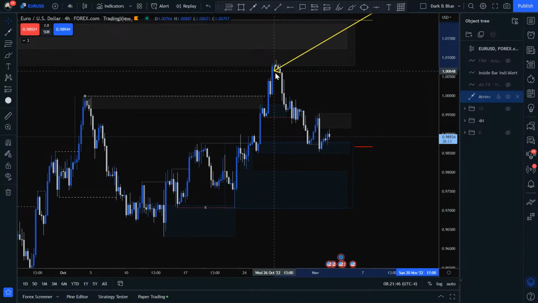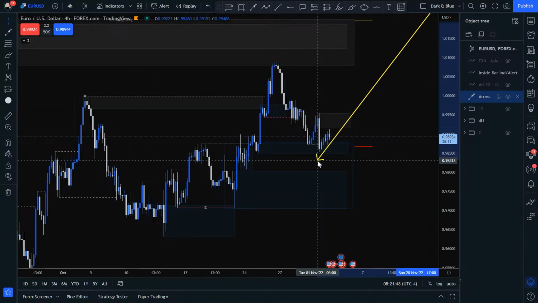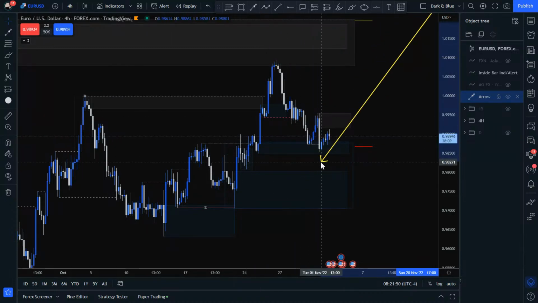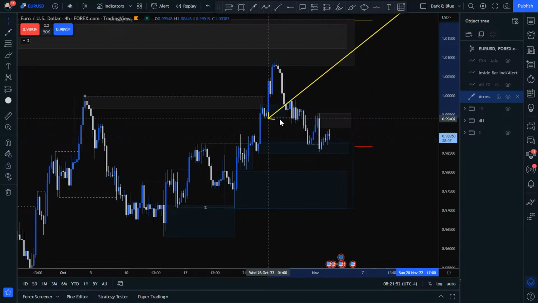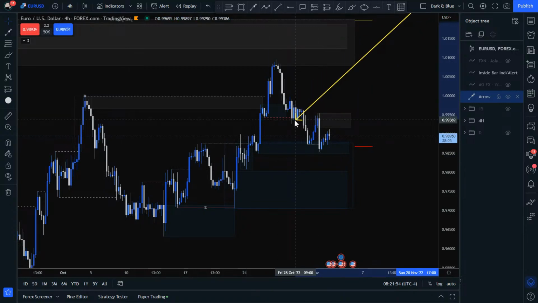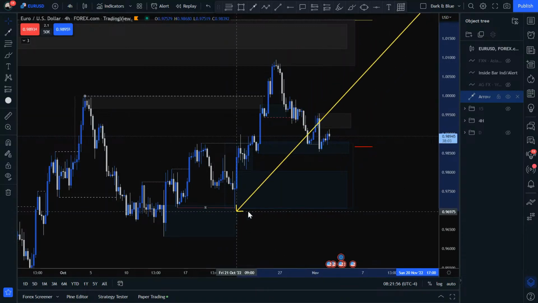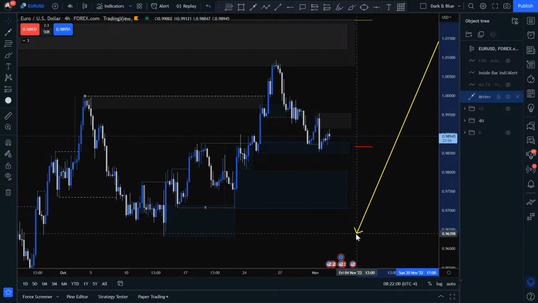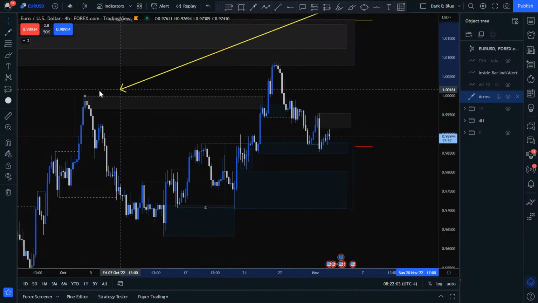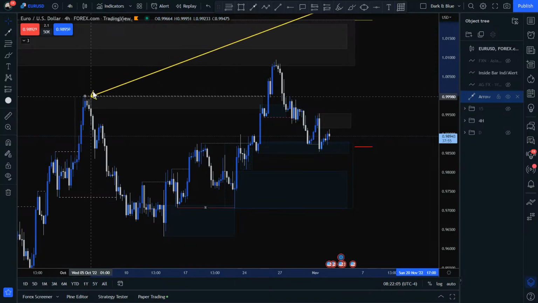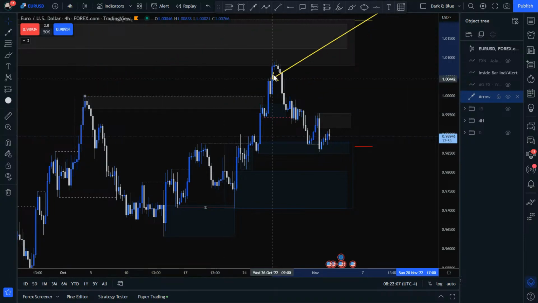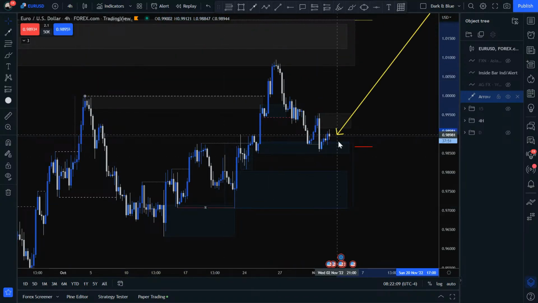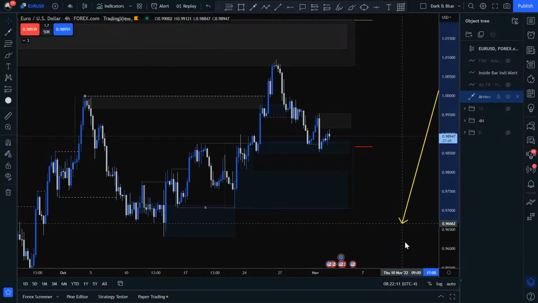This is 4 hour supply up here, and the order flow has obviously switched. So we have a change of character to the downside. This would mark the actual internal break of structure that would negate this bullish internal break of structure here. And that's when we would confirm the bearish order flow.